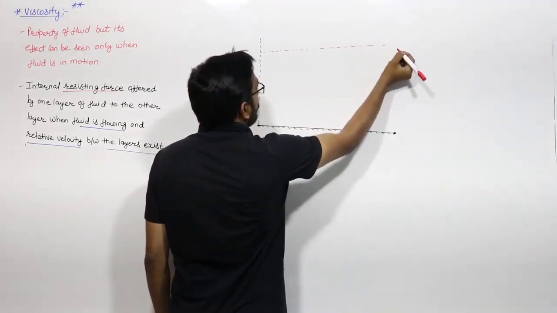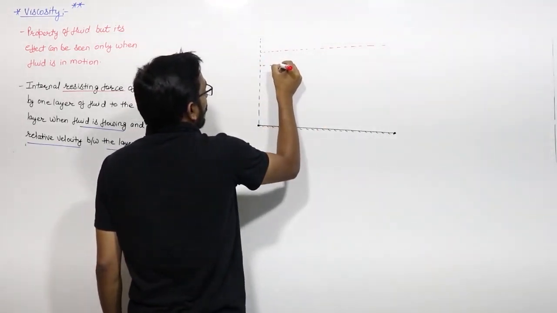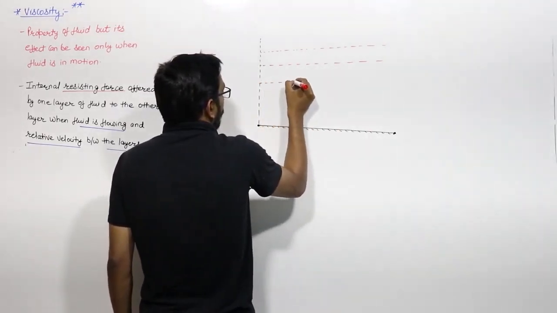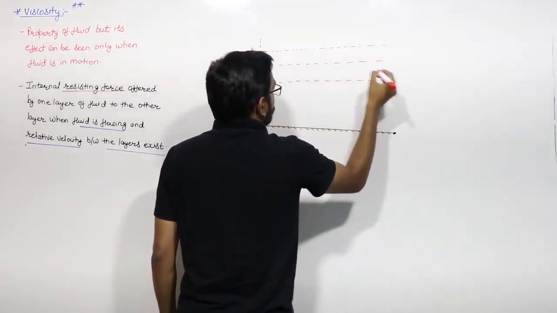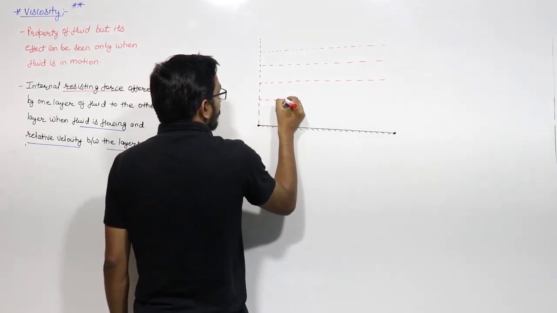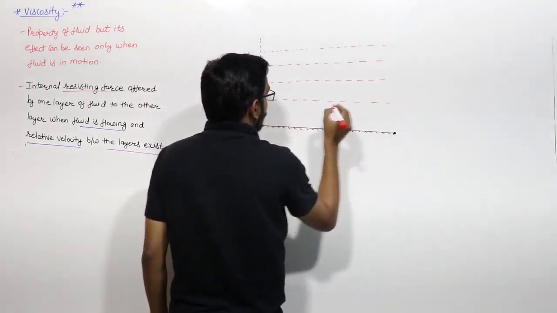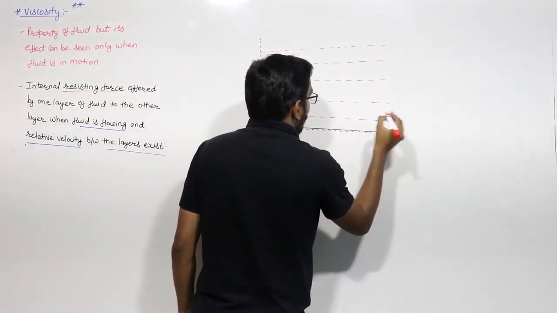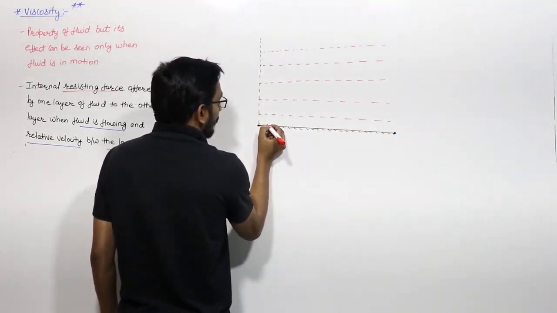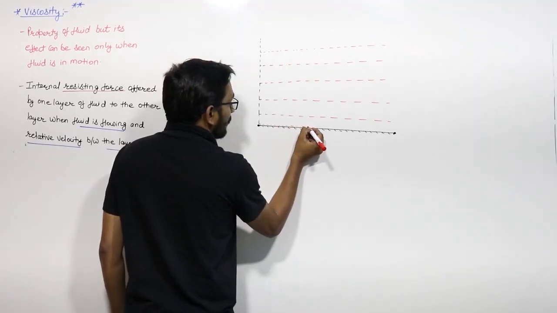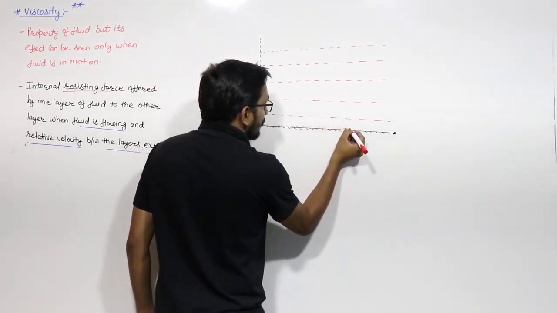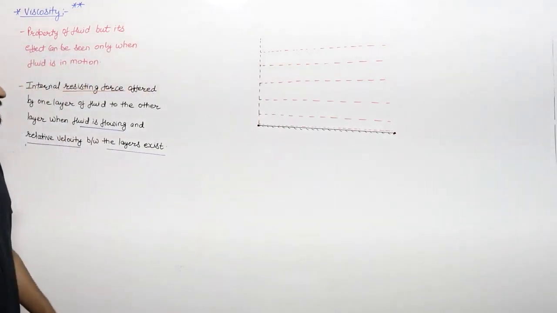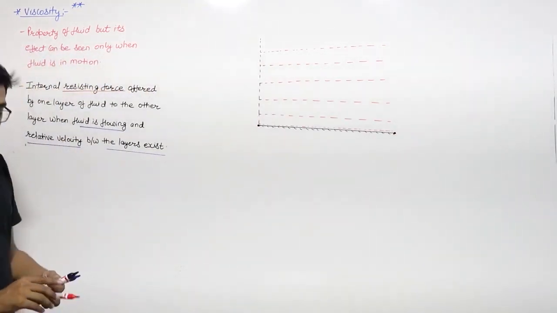So these are the fluid layers flowing over this solid surface. We are showing the fluid layers at some distance so that you have a better understanding. And there is a layer here which is in contact with the solid surface.